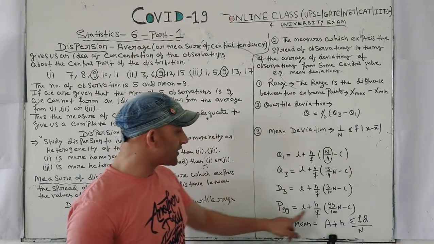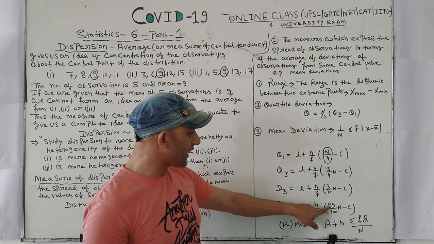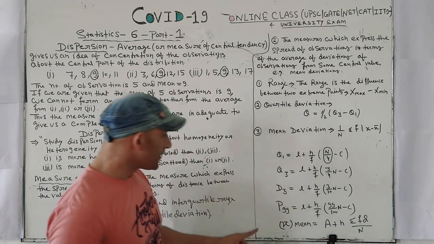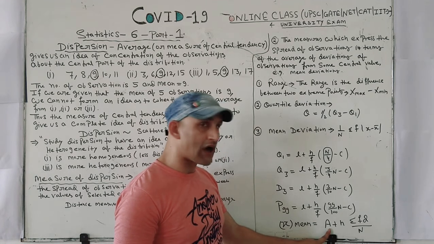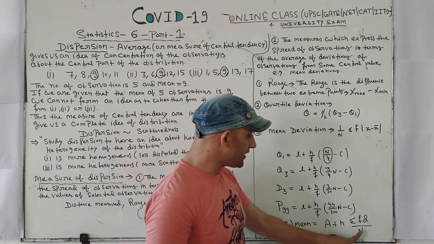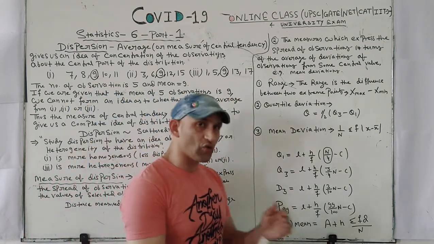You have divided the data into 100 equal parts and you are checking the 99th part. So 99 upon 100 n minus c. And this is the formula for the mean: X bar is equal to a, this is the arbitrary value, plus h, this is the interval, into sigma f d upon n. This formula we will use in our questions.